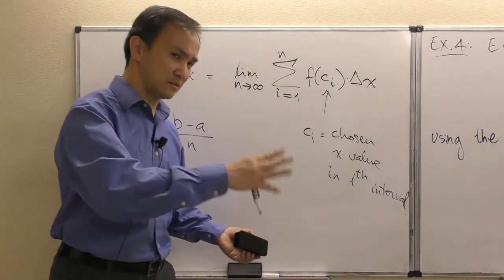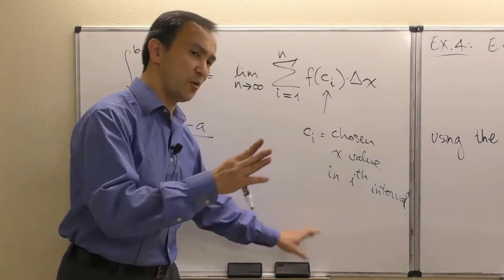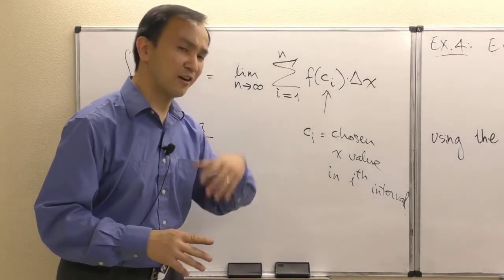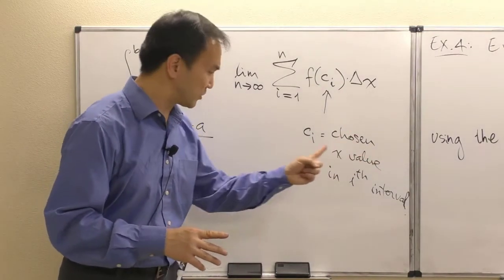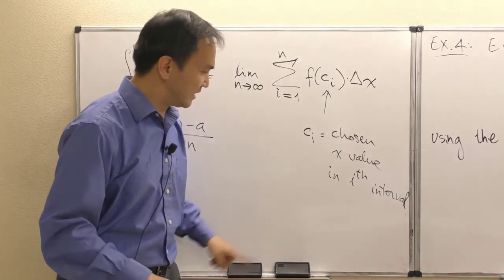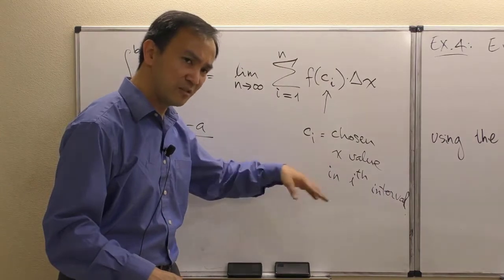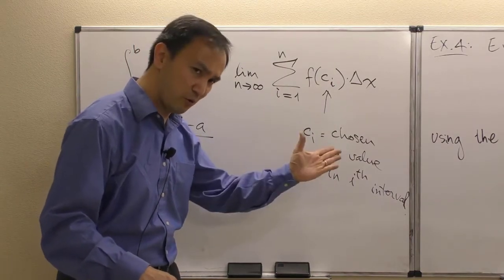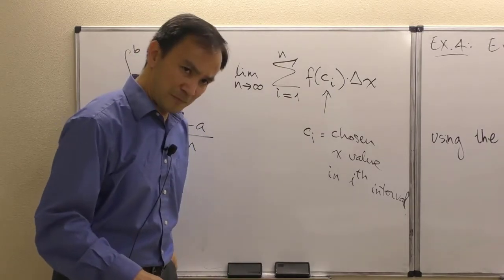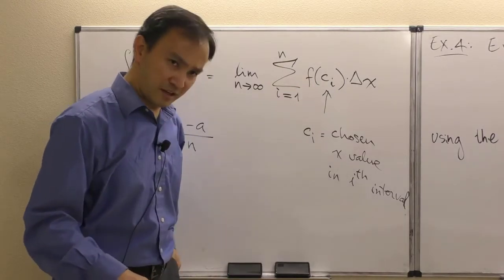That's why, back when I was going through the left Riemann sum and the right Riemann sum, I also discussed the midpoint. Those are all just different choices. So that chosen x value could be the left endpoint rule, the right endpoint rule, or the midpoint rule. Okay, and that's what the chosen point here is all about.